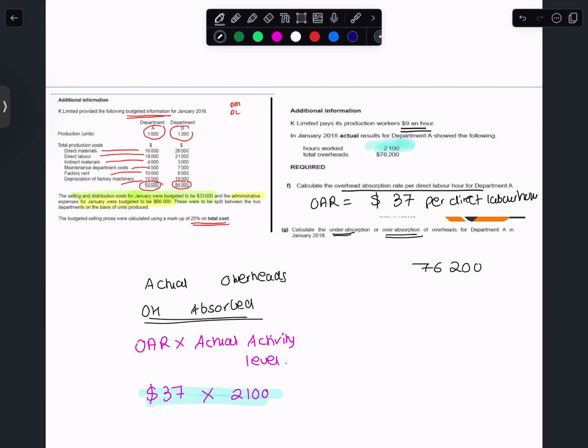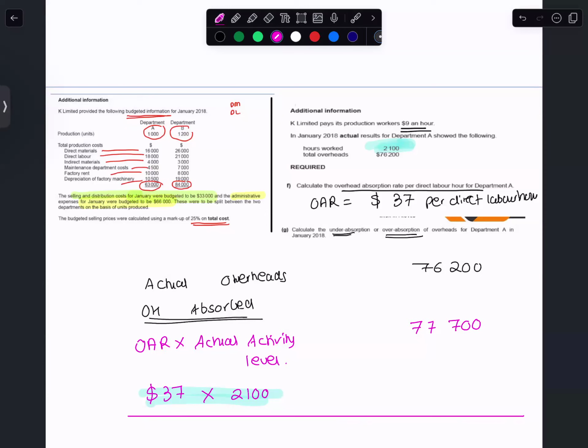So actual activity level is how much? 2,100. So overhead absorbed will be OAR into the actual activity level. It's 37 into 2,100, which is 77,700. Are you with me?